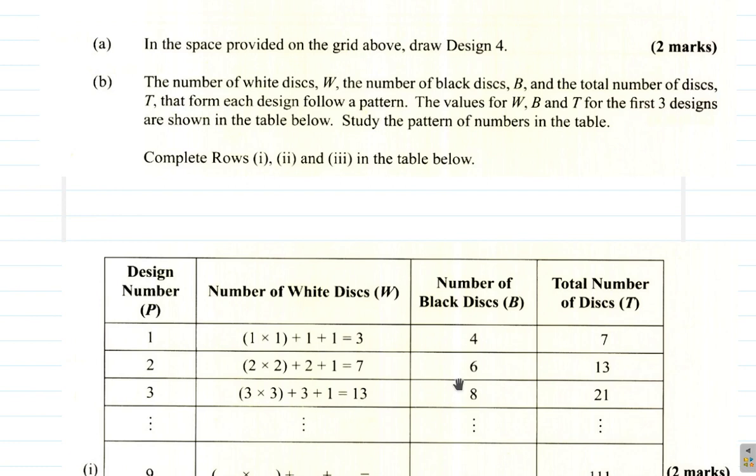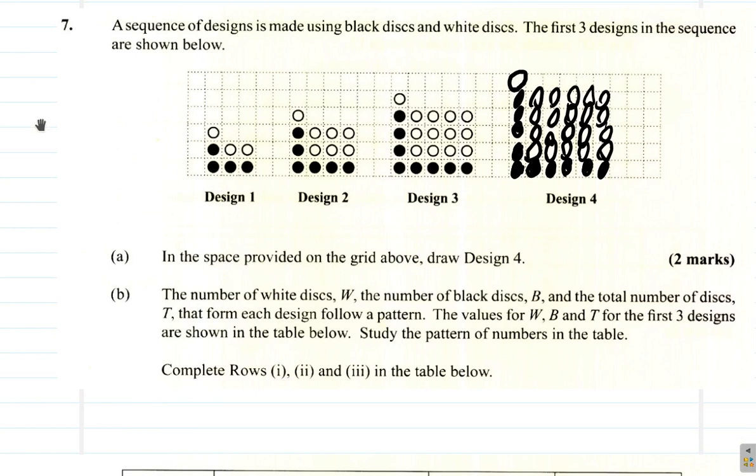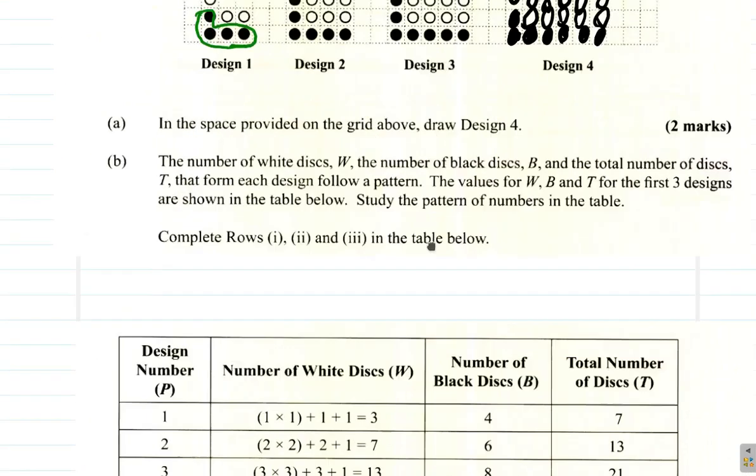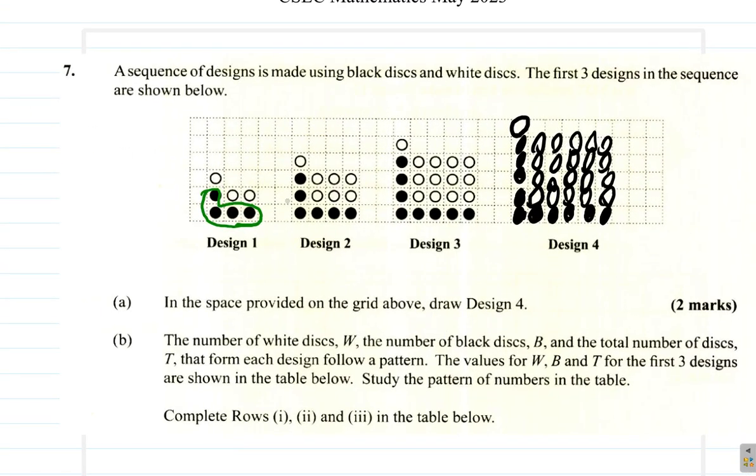Let's see if we can study some sort of pattern that they follow. In design 1, you have 4 black discs. In design 2, you had a similar 4 here, plus 1 to the right and 1 up top.